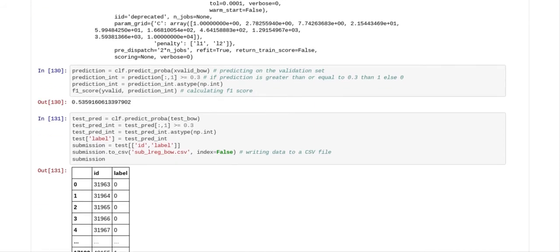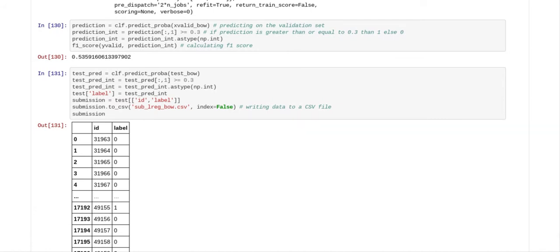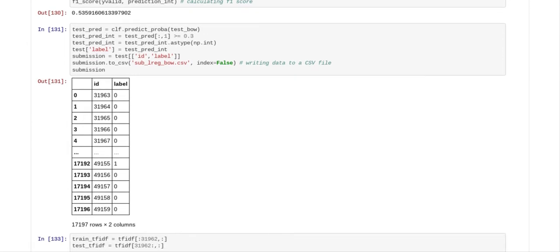So we had to modify the prediction: prediction equals clf.predict_proba(x_valid_bow). So we had to set up the prediction again. And we got close to 53%. And then this is our submission file that we submitted to Analytics Vidhya.